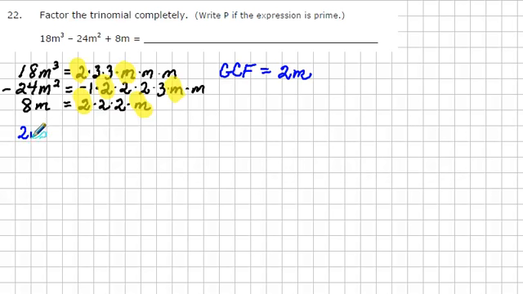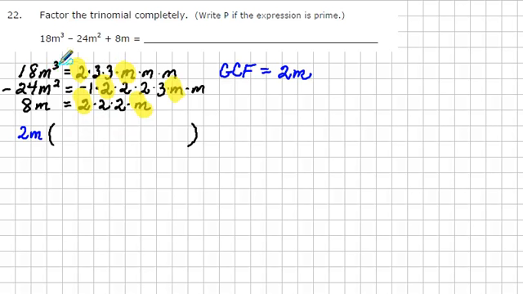So we put 2m and then a set of parentheses. The parentheses indicate multiplication. And since our trinomial has 3 terms in it, we need to make sure that we have 3 terms inside the parentheses. In order to get each of the 3 terms, we just look at the remaining factors in our factorization of the terms.